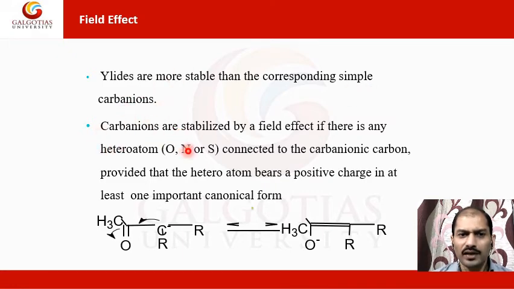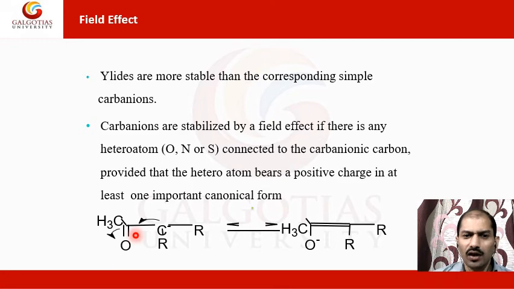So carbanions are stabilized by the field effect if there is any heteroatom. Means if there are any heteroatoms, the carbanion is stabilized due to the field effect connected to the ionic carbon, provided that the heteroatom is positively charged in at least one important canonical form.